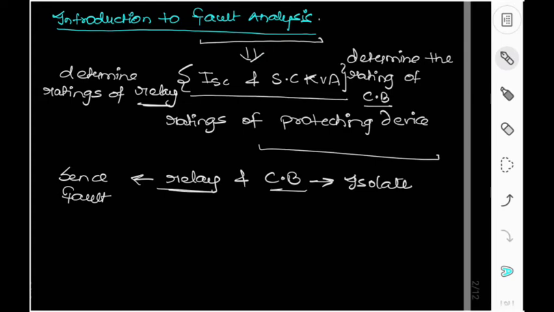So this is why we do fault analysis, so that whatever circuit breaker and relay we are using in power system, we will get to know the required ratings for that.